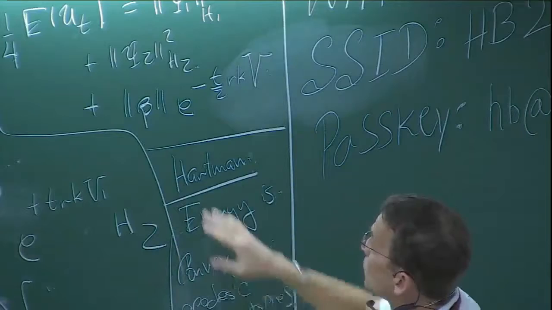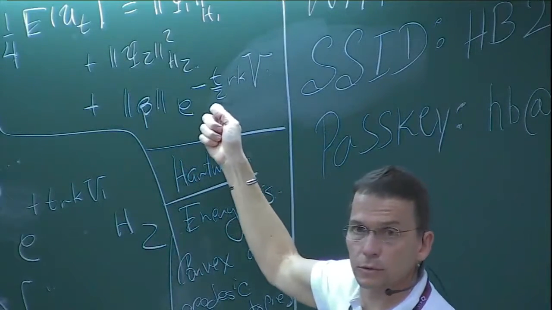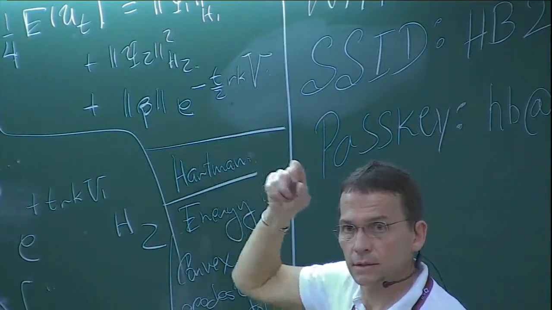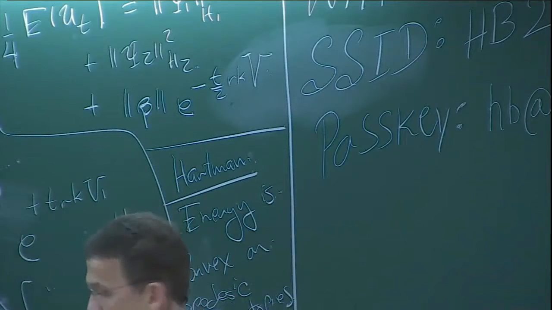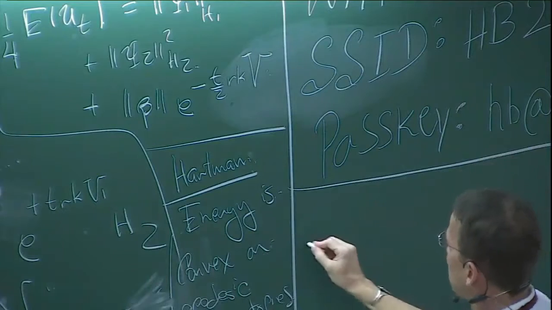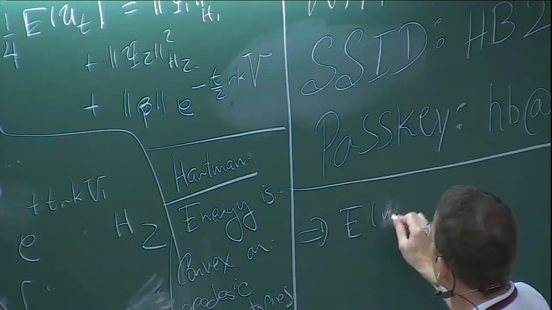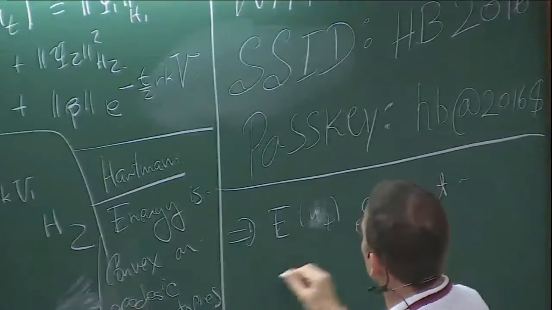So the only way this can have a critical point at u_0 and be bounded as I go to infinity and be convex is if it's constant. So this implies, sorry, running out of room here, this implies that E is constant, which implies that beta is 0.